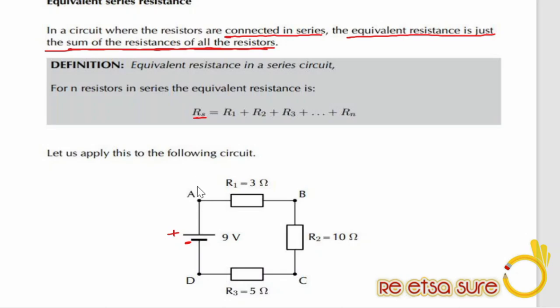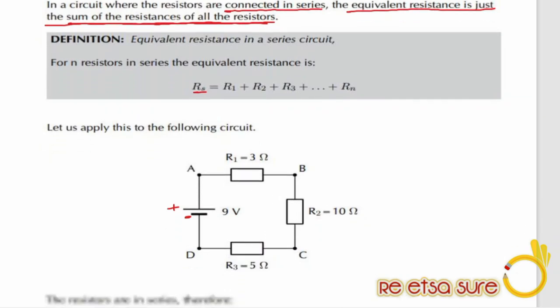That is why sometimes we connect the ammeter in our circuit, with the intention of measuring the current flowing throughout our circuit. So now let's check. How many resistors are here? We have 3 resistors.